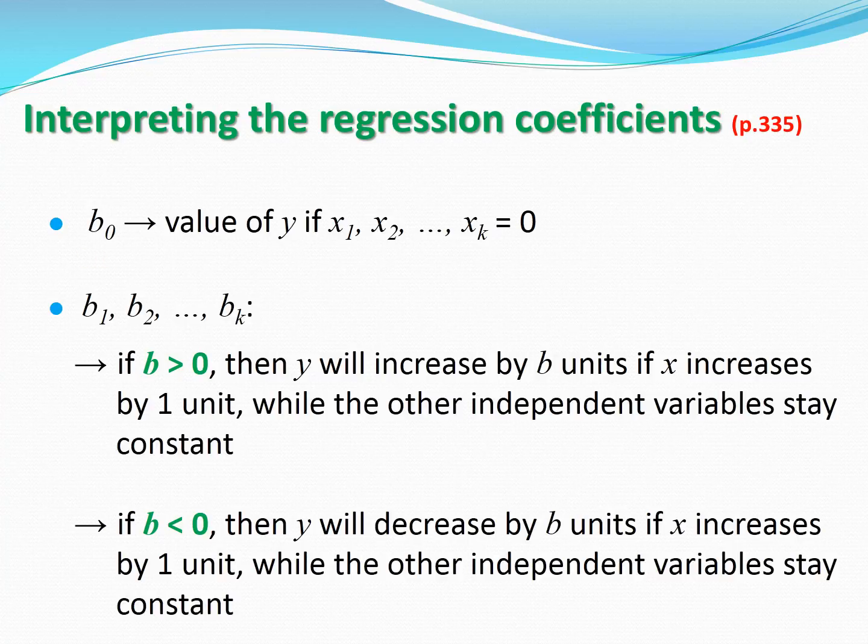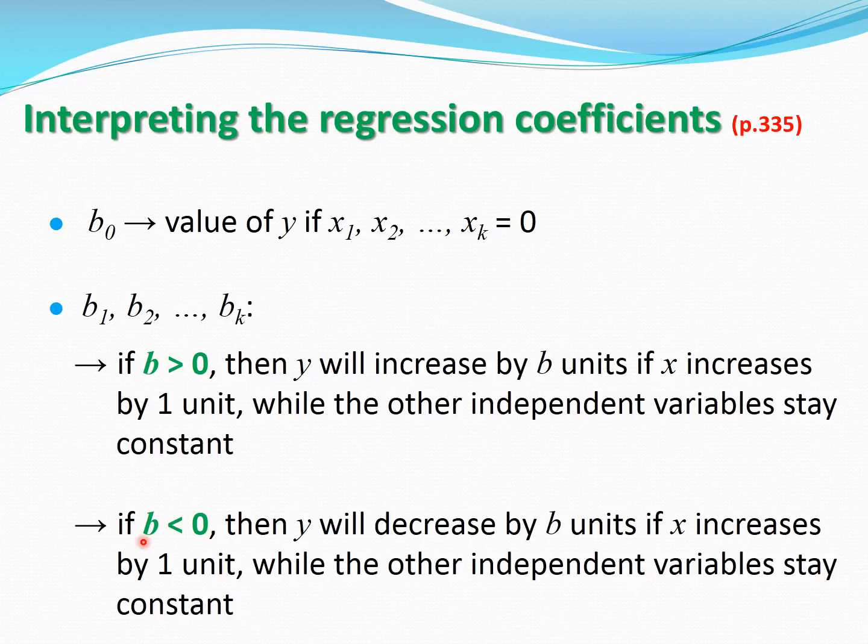So your y-intercept gives you the value of your dependent variable if your independent variables are equal to 0. And then for your regression coefficients, if the regression coefficient is positive, then your dependent variable will increase by b units if that independent variable increases by 1 unit, while the other independent variables stay constant.